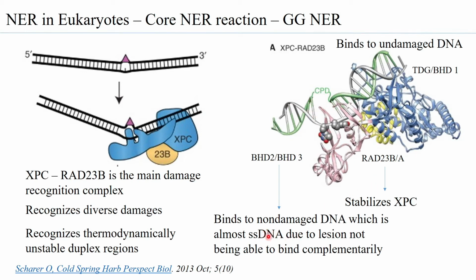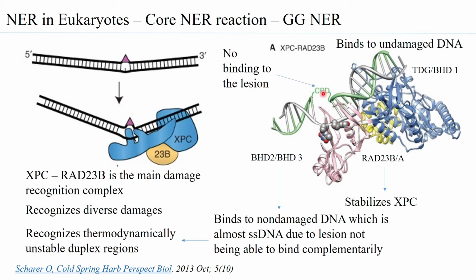So, interesting to note therefore is that because it binds the non-damaged DNA, which is almost single-stranded DNA due to the lesion not being able to bind complementarily, you can look at the fact that because it binds to a distorted DNA, it recognizes unstable DNA duplex regions.